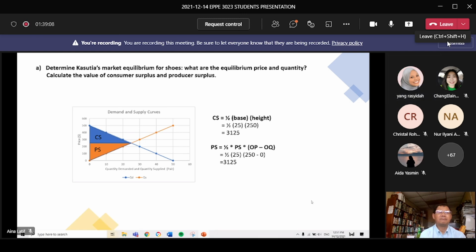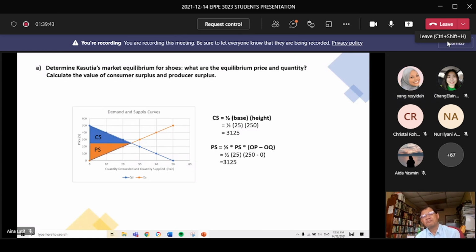Since this is a linear graph, we can see that under the quantity demand curve there is a consumer surplus, and the formula is 1/2 times base and height. So 1/2 times 25 times 250, and the consumer surplus is 3,125.